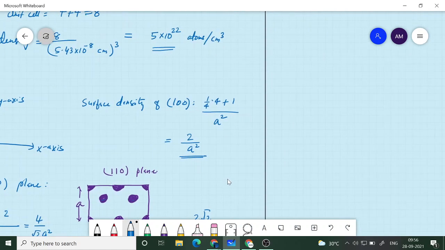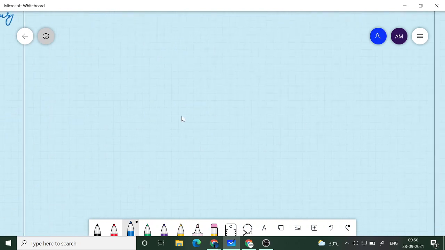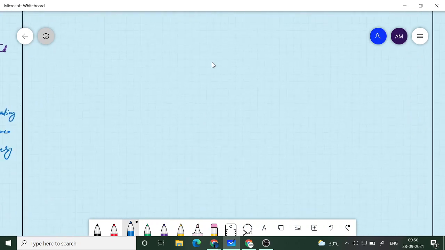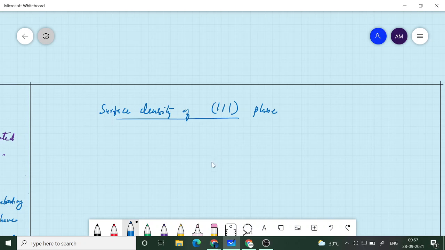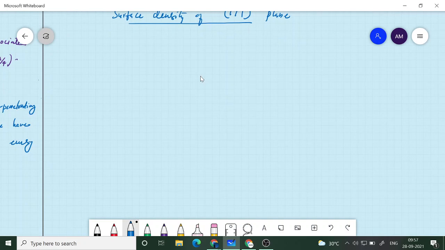Now coming to the 110, another important plane is 111. So surface density of the 111 plane. Again, if I draw the cube, this time I will just draw the cube.